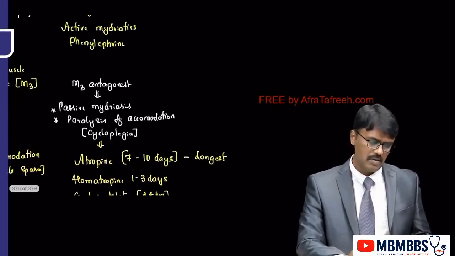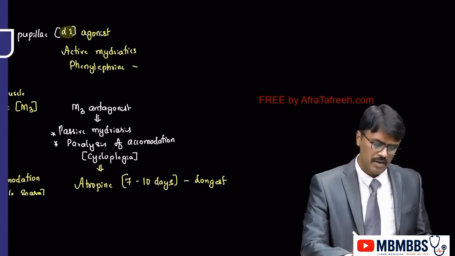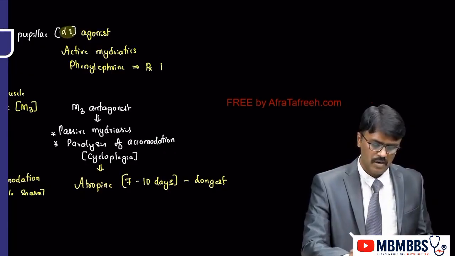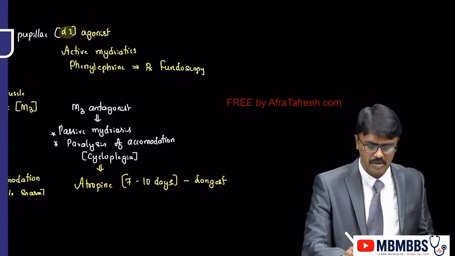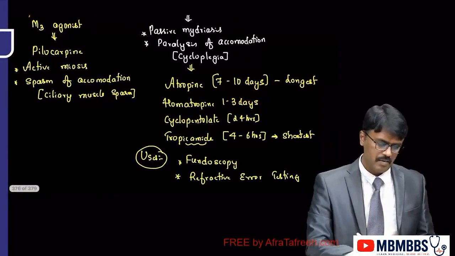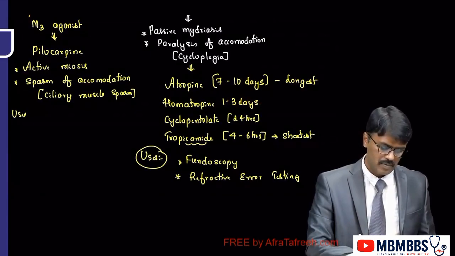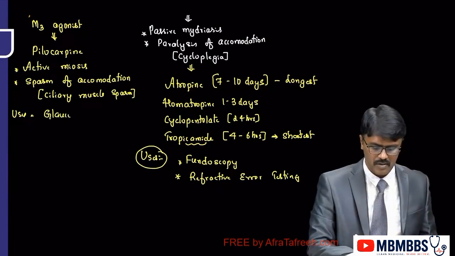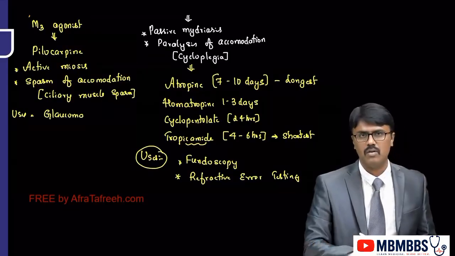Now, what about phenylephrine? Why do you use phenylephrine? Phenylephrine is used for fundoscopy. Now, what is the use of pilocarpine? Pilocarpine as eye drop is used as a drug for glaucoma.